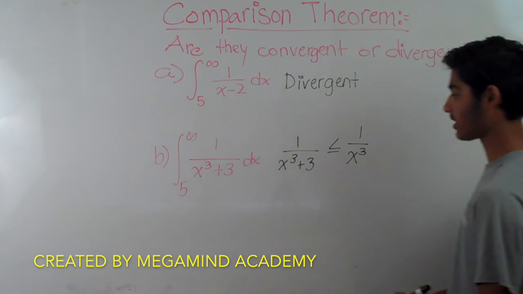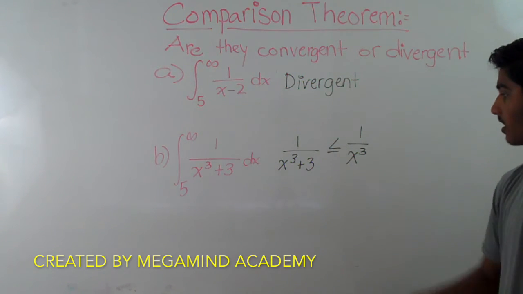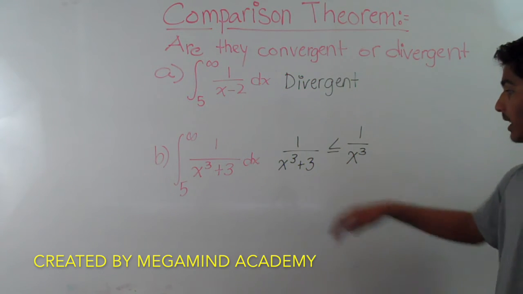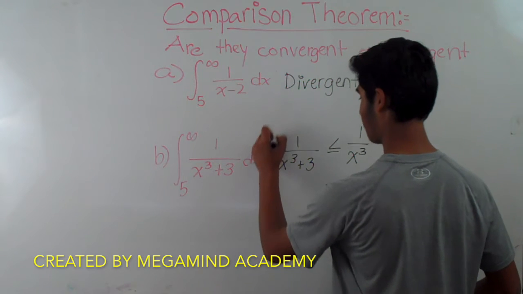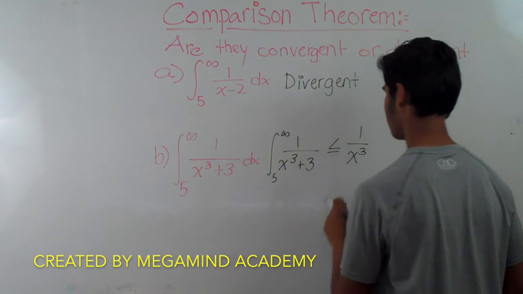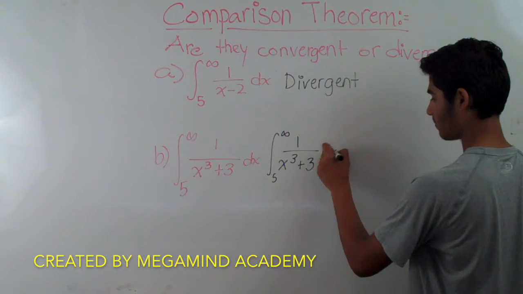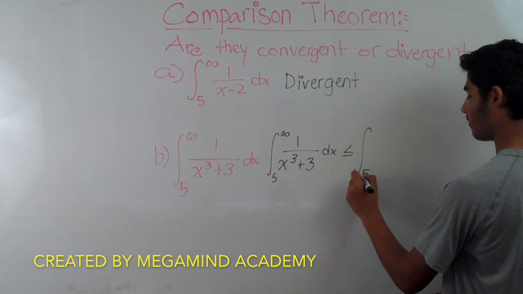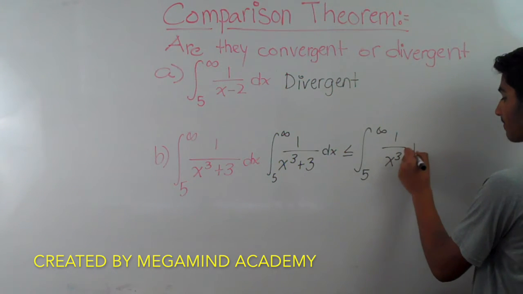Now we have to make sure that it's greater than for all the values on this interval here. And that's true because all of these values make both of these positive, and therefore this inequality will hold true. So that means that this integral from 5 to infinity dx is less than or equal to the integral from 5 to infinity of 1 over x cubed dx.